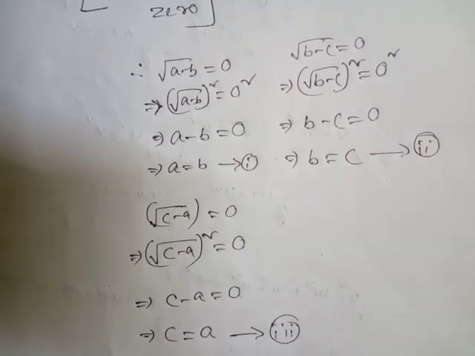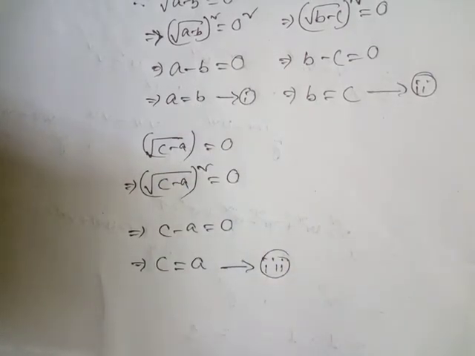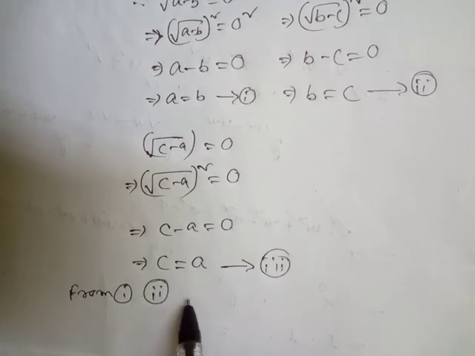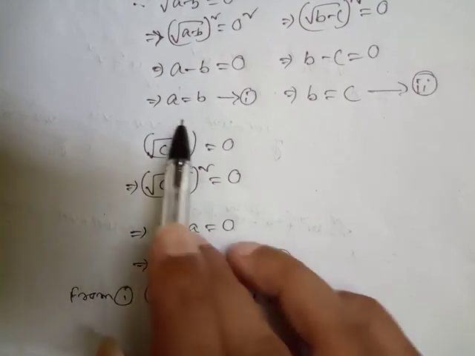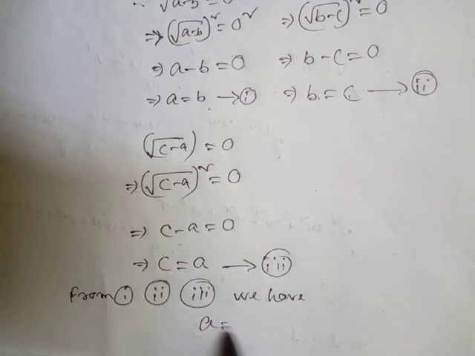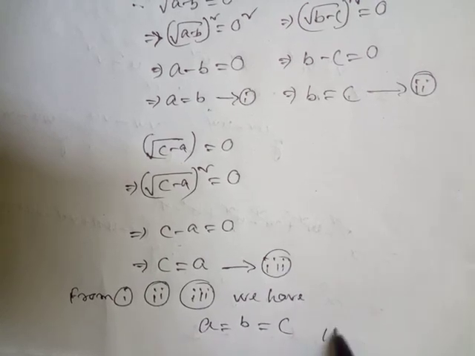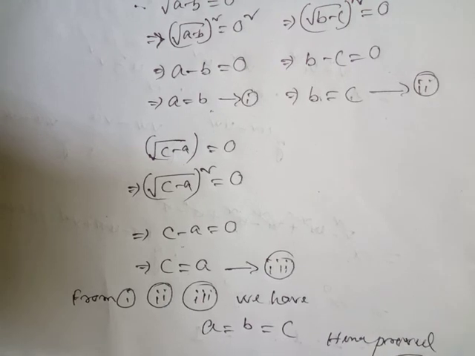Now look student, after that, from 1, 2 and 3, we have a equal to b, b equal to c, c equal to a, which means a equal to b equal to c, hence proved. This is the answer of 14a.